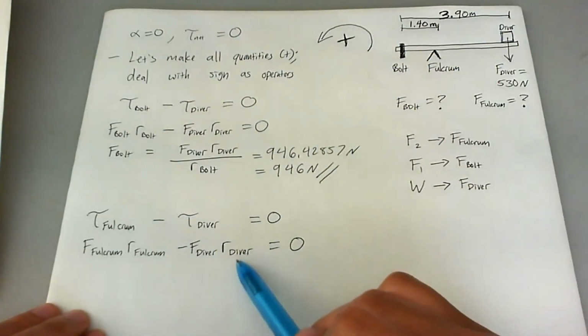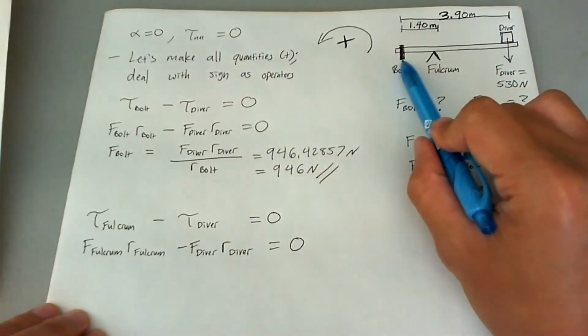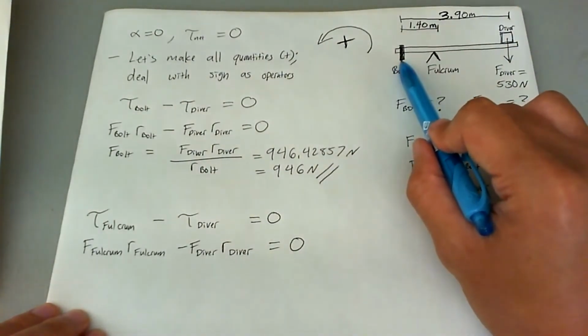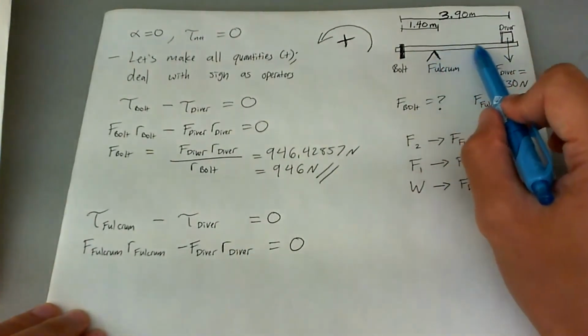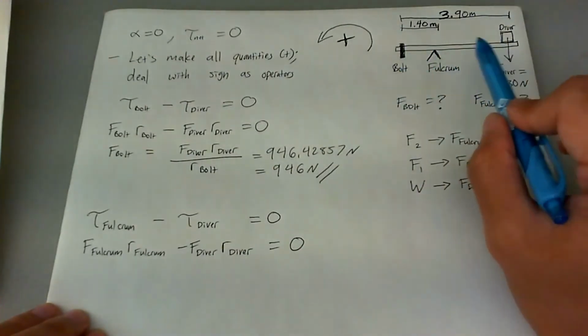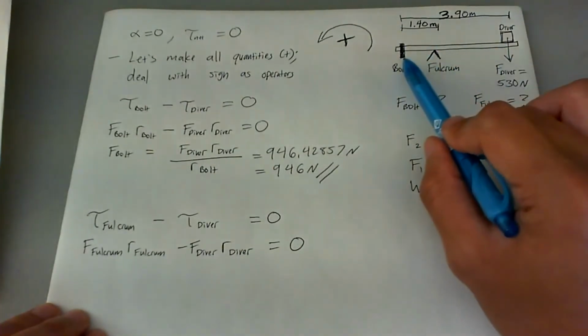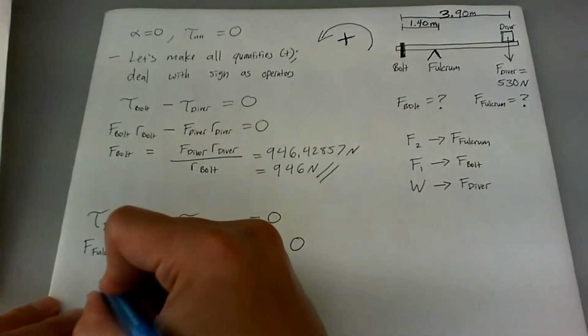Now in this case, R of the diver is going to be the distance the diver is from the new reference point that we have, which is the bolt. So it's now going to be 3.9 meters, instead of before when it was 3.9 minus 1.4. So now it's 3.9 since it's 3.9 meters away from the reference point of the bolt. Let's go ahead and isolate F fulcrum.